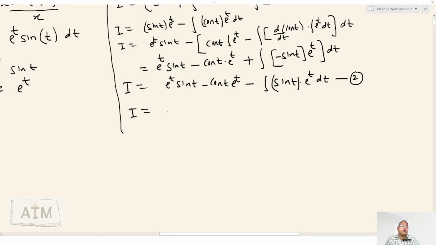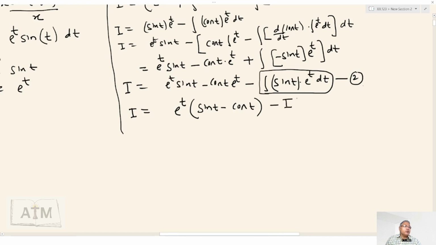Therefore I equals, here e raised to t can be taken common, so we have sin t minus cos t and minus, and this much part becomes I by equation 1.